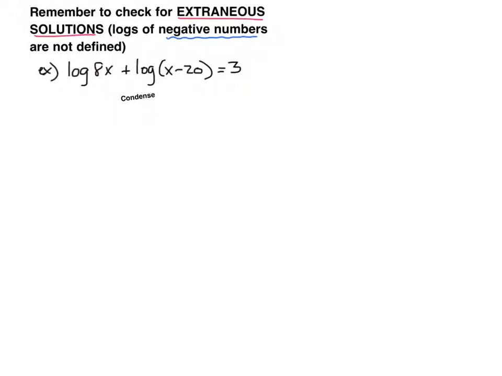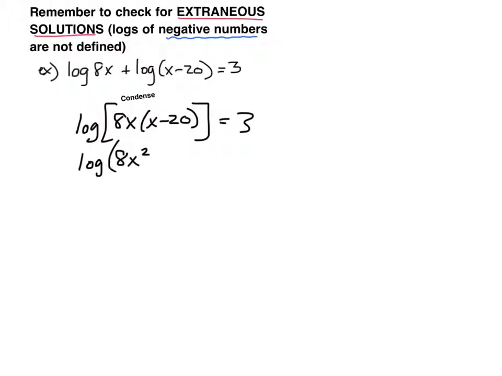So the addition of two logs, you multiply the things that you're taking the log of. So this is the log of 8x times x minus 20 equals 3. Now you're actually going to need to multiply those. So we have the log of 8x squared minus 160 is equal to 3.